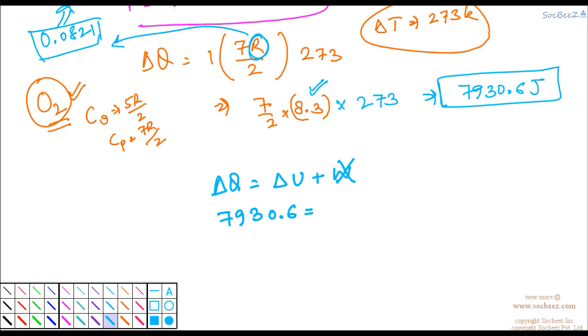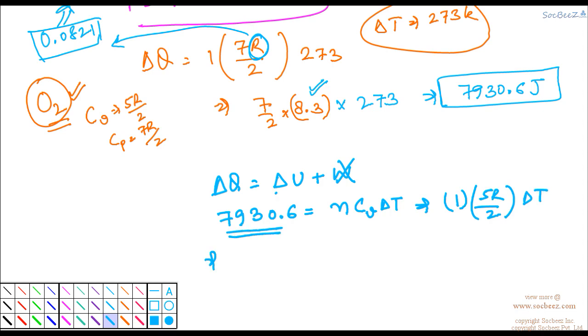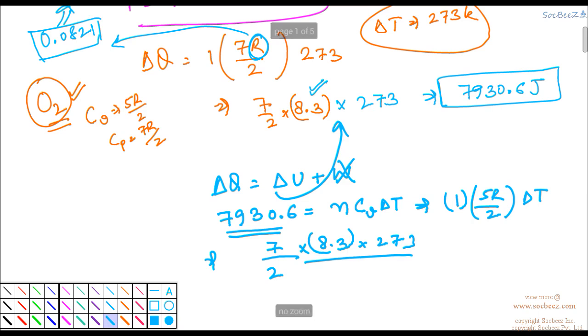It changes the internal energy, given by nCv delta T, where n is 1 and Cv is 5R by 2 into delta T. Breaking it down into the same form, it is 7 by 2 into 8.3 into 273 upon 5 by 2 into 8.3.